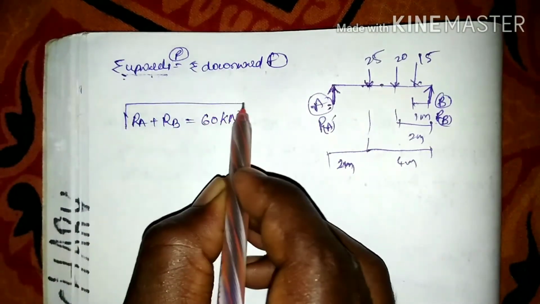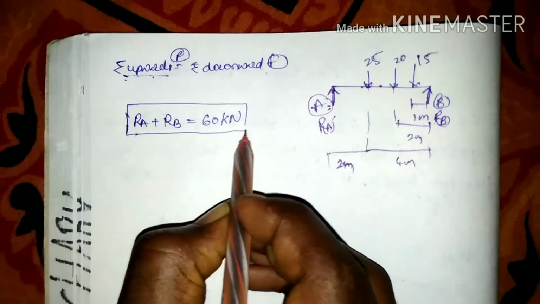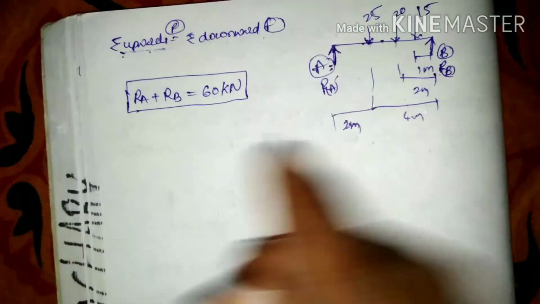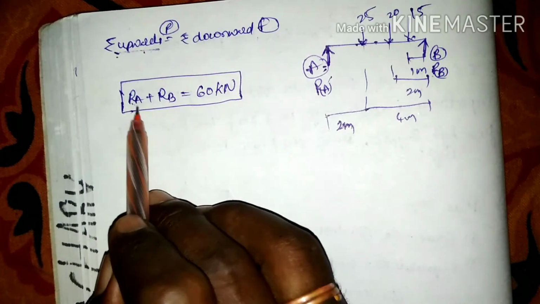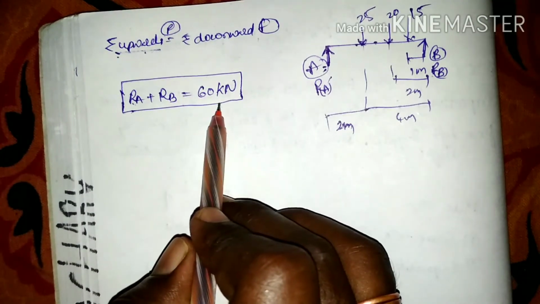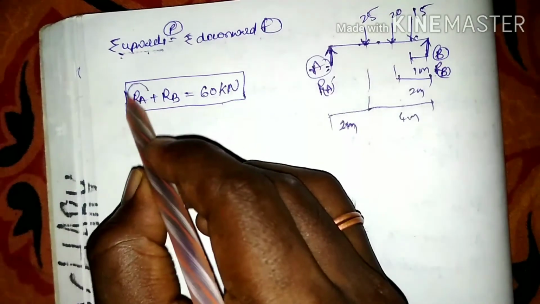RA plus RB is equal to 60 kilonewtons. We know the combination of both reactions is 60 kilonewtons, but we don't know the individual reactions.